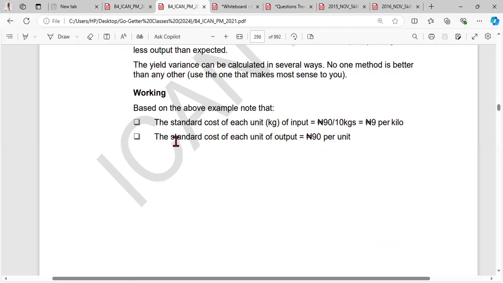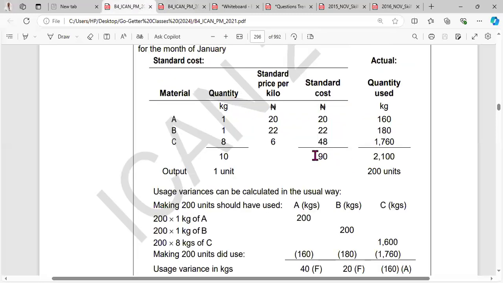Then the standard cost of each unit of output is 90 naira per unit.